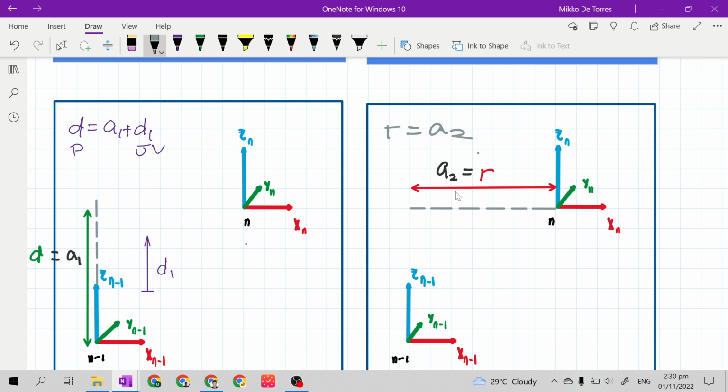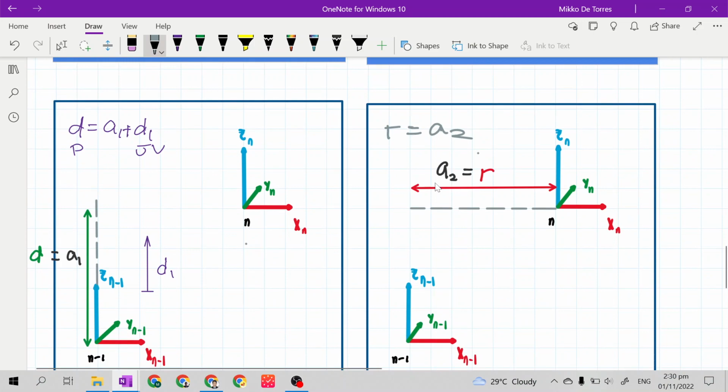So unlike D, if it is a prismatic joint, you will add D sub 1 or D sub 2, D sub 3. You will not add anything to an R parameter. Just write what is the link length in the parameter R.